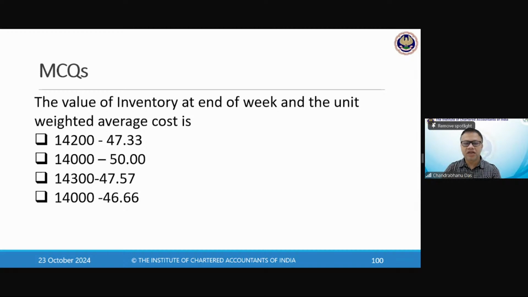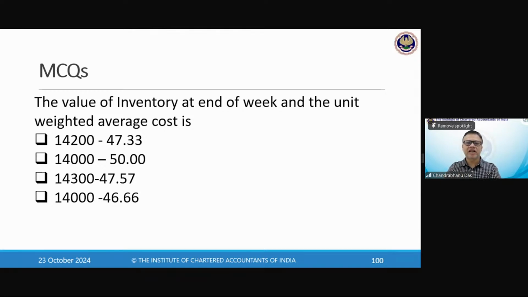So I got the answer from Chaitanya. I will wait for another minute. If somebody is calculating, they can raise hands. Else I will start telling the solution.